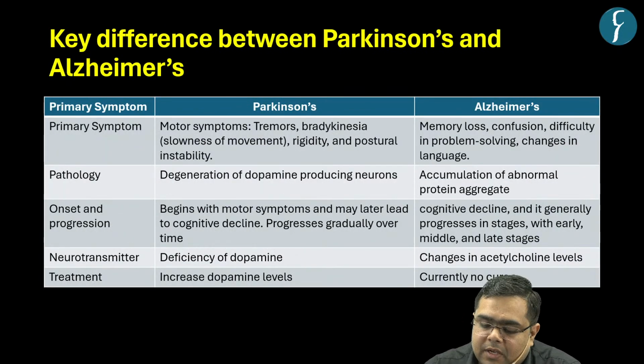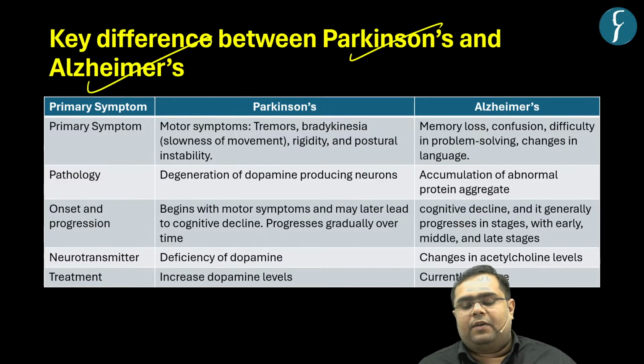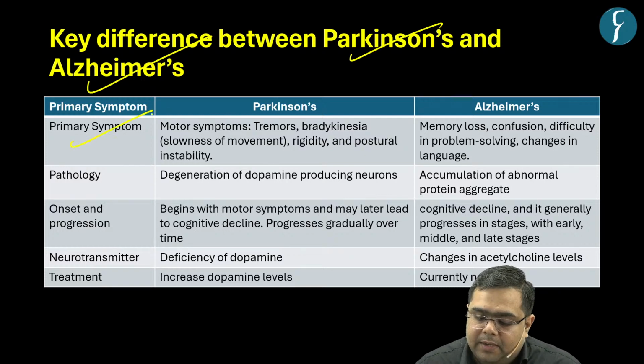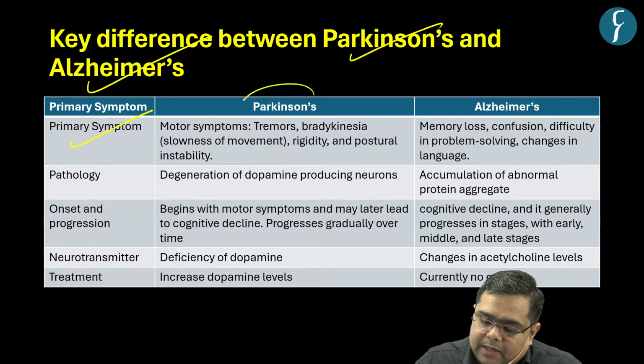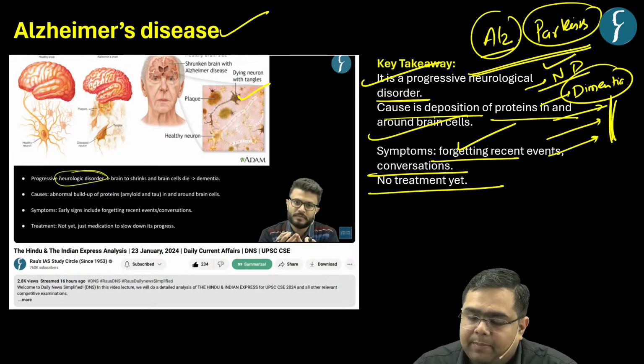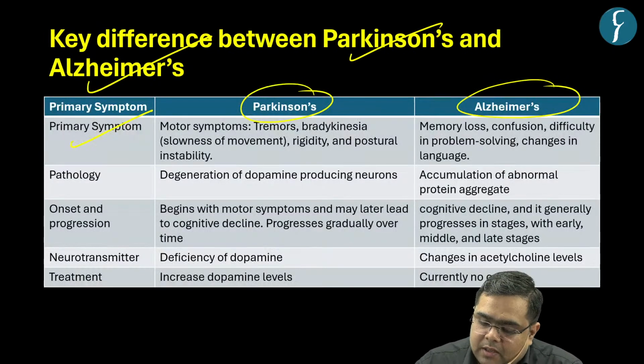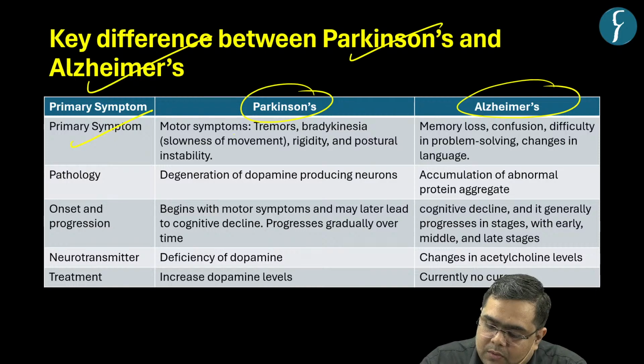Now let us discuss the key differences between Parkinson's and Alzheimer's. The first key difference is with respect to the primary symptoms. Parkinson's and Alzheimer's are both a type of dementia, generally speaking. Parkinson's leads to motor symptoms.